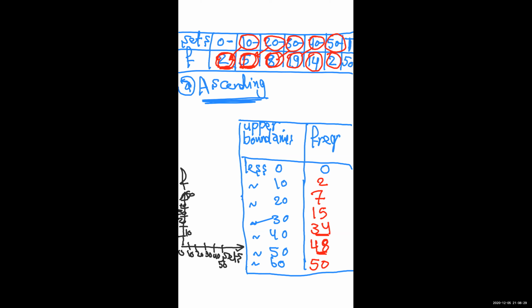Now represent the points, 0 and 0. So I have to start from this point. I will use a different color, like red. This is the first point. Then 10 and 2, here also. Then the next point, 20 and 7, then 30 and 15, then 40 and 34, then 50 and 48.